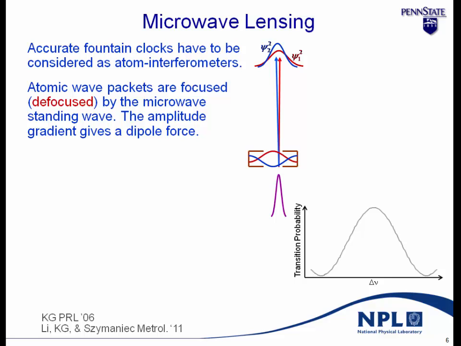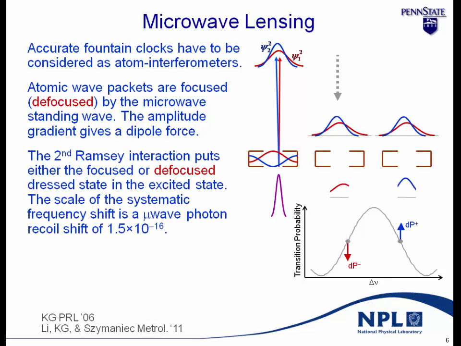So one dressed state, the blue state, is focused, the red state is defocused, and then on the way back down, the second Ramsey pulse, transition probability versus frequency, here's your Ramsey fringe. On this side of the Ramsey fringe, when you come back down, what the Ramsey fringe does in the dressed state picture is it takes dressed state 1, the defocused state, and puts it into the excited state. That's what you detect.